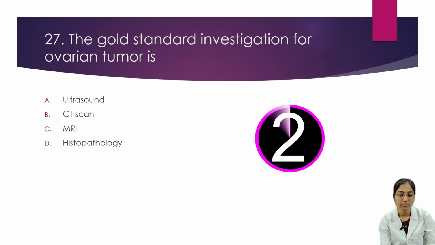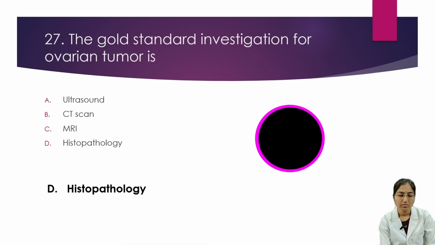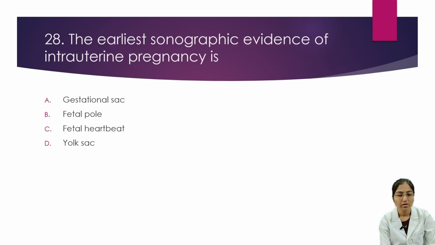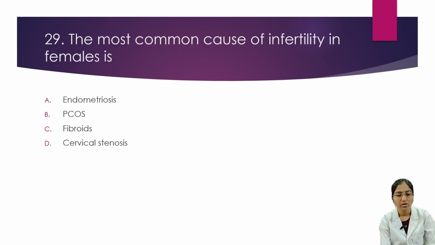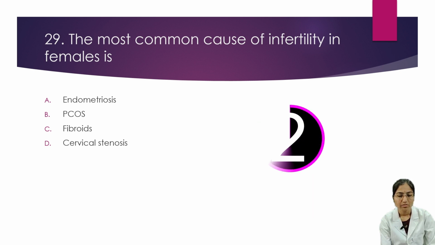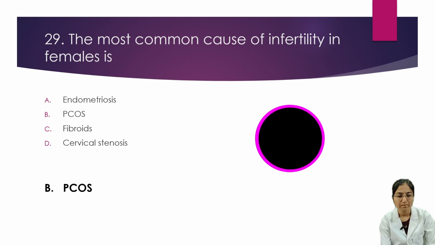histopathology. The earliest sonographic evidence of intrauterine pregnancy is gestational sac. The most common cause of infertility in females is PCOS, polycystic ovarian syndrome.